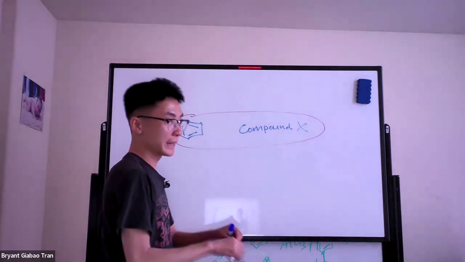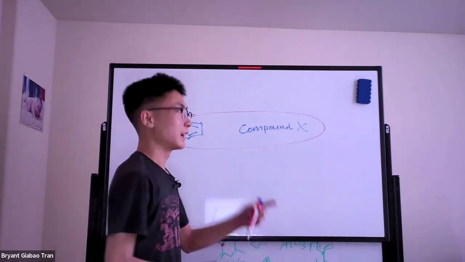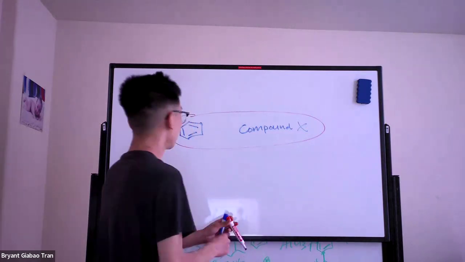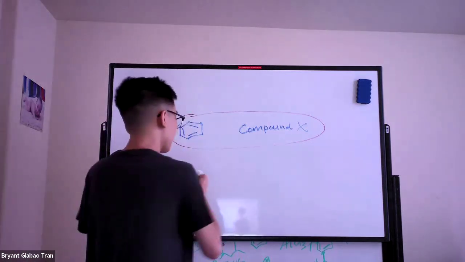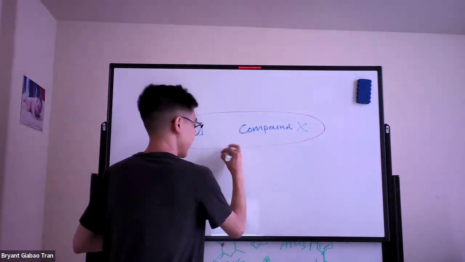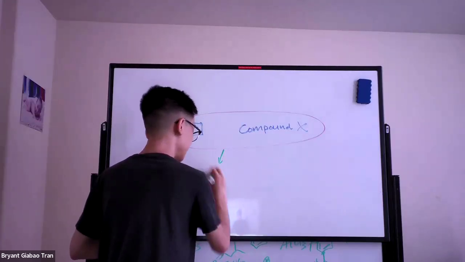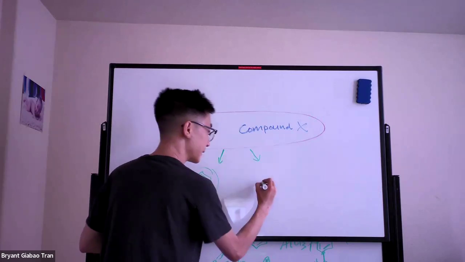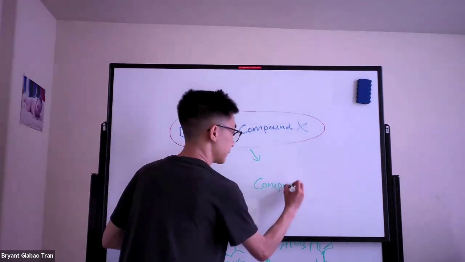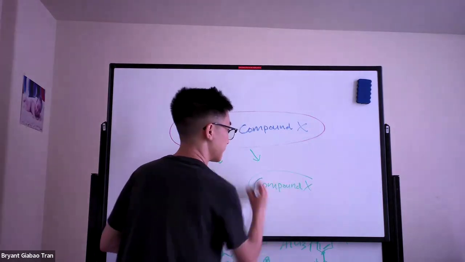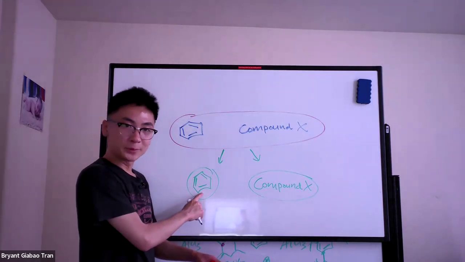To do that, they have to have different chemical properties like polar, non-polar, soluble, insoluble, right? They were able to separate them out into two different flasks, like one flask with all benzene, and another flask with just compound X. So what is the chemical property of benzene here?